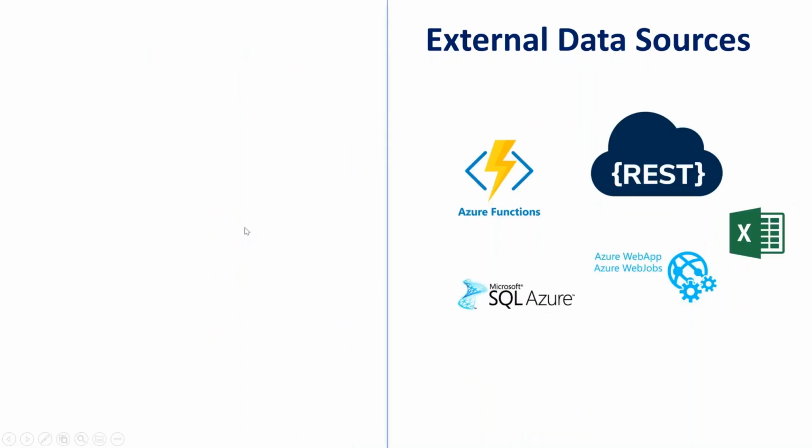So to use the external data lookup, you have to do two things. First of all, you need to add an external data source, and it can be of various types, and I'll show several examples. This is a reusable data source that can be used by any consumer who can connect to it.